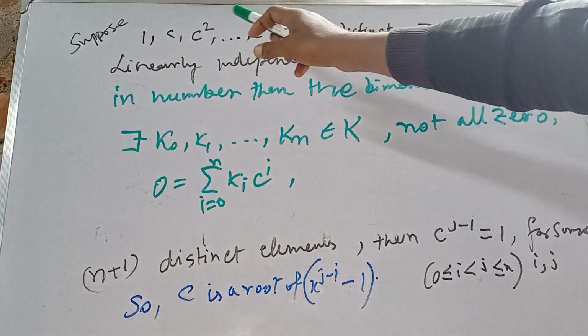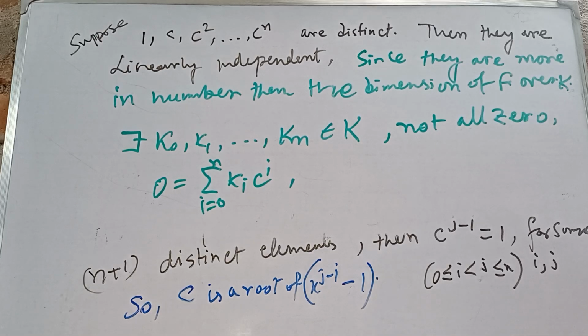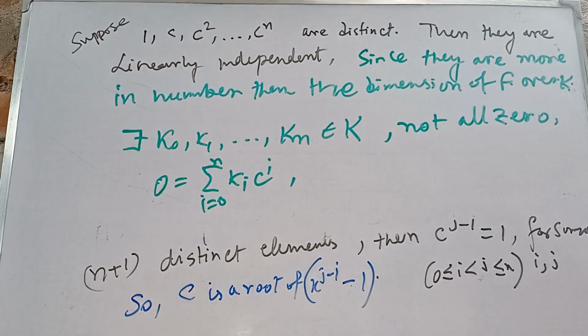That means these n plus 1 elements are linearly dependent, since the dimension of F equals n.